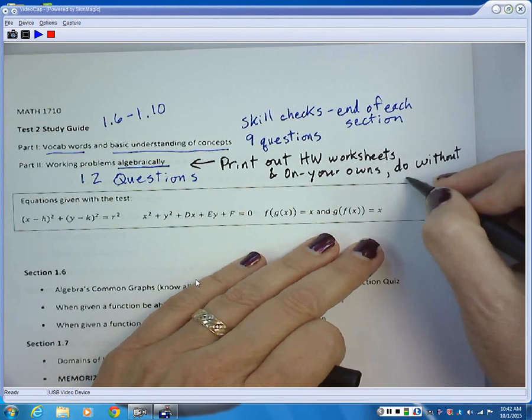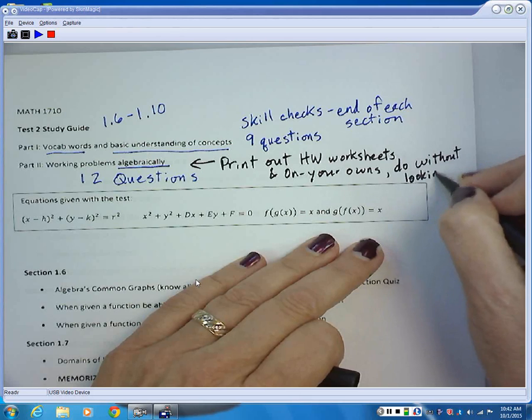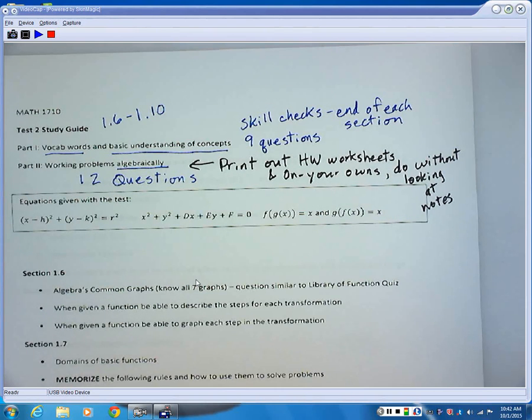Now, looking at notes. Maybe even a good thing would be to print out the notes and try to fill them in and do the examples without looking. Do your MyMathLab and try to do that without looking at your notes. On your test, you don't get to see your notes. So try to do these things without your notes. You can look at them if you need to complete the problem.